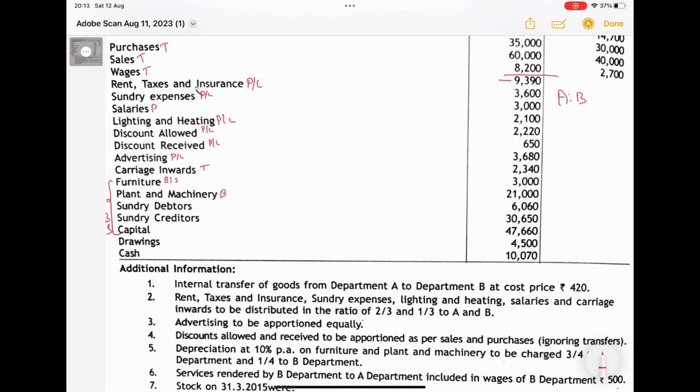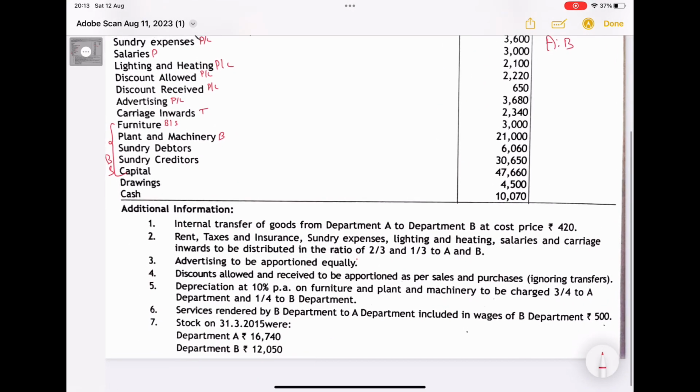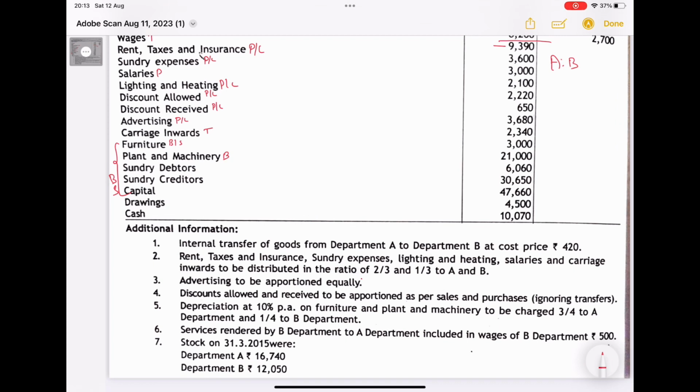Okay, the additional information. Interdepartmental transfer of goods from department A to B at a cost price of 420. From department A to B, in the sense that for department A it is sales, for B it is purchase.